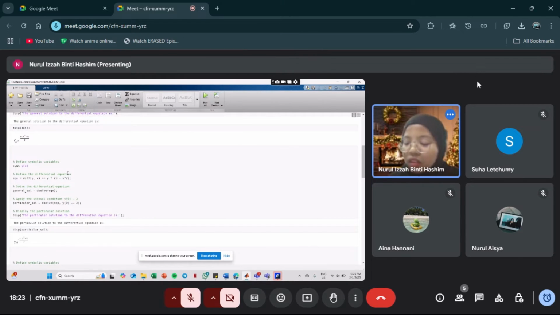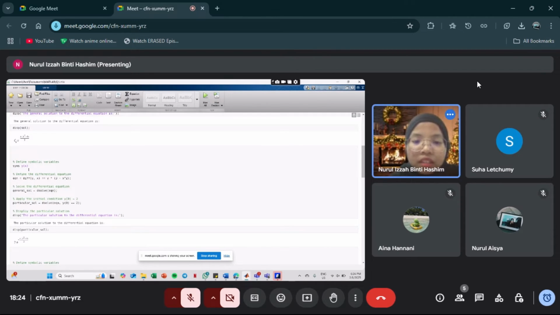Next, we need to find the particular solution for y, given x equal to 0 and y equal to 2. We need to define the symbolic variable, where this line declares y as a symbolic function of the variable x. This will enable the symbolic operation to be performed on y.